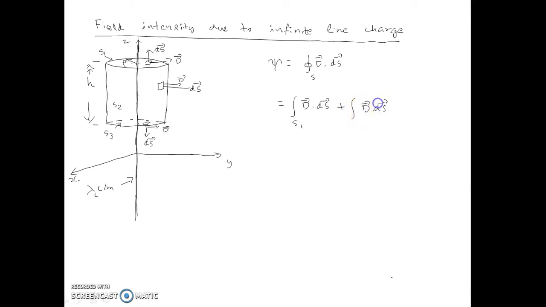The electric flux emerging from the sides is given by this term, and the electric flux emerging from the bottom surface S3 is given by this term. Here we can see that for S1 and S3, the dot product of D and ds is 0, because the angle between ds and D is 90 degrees.